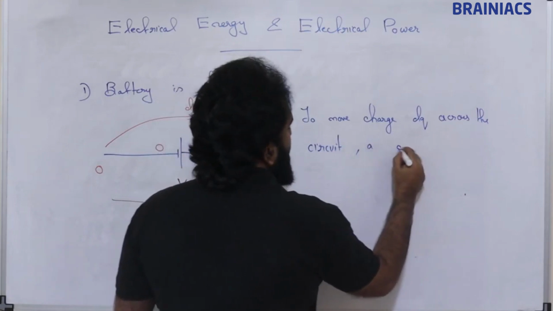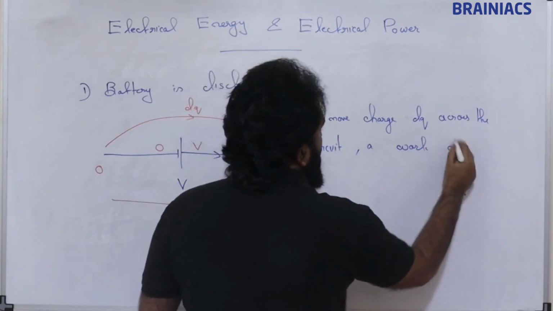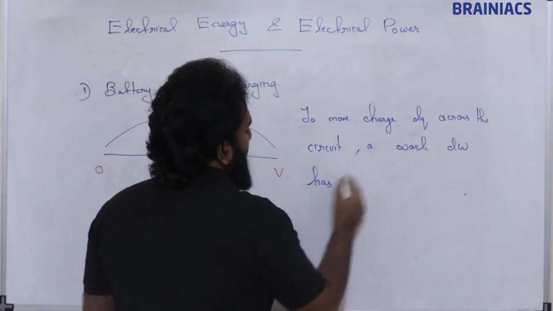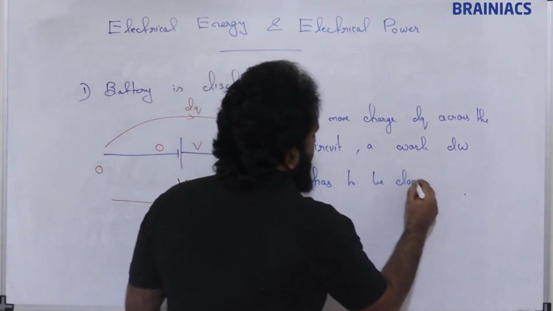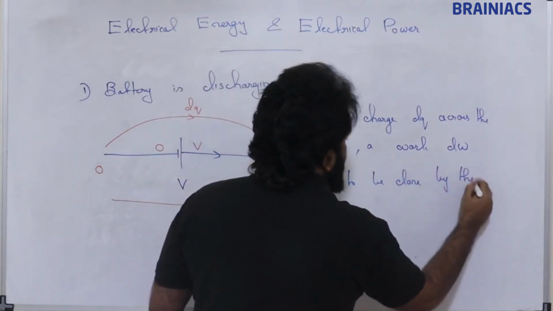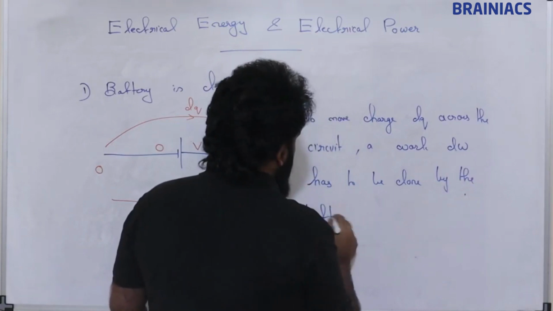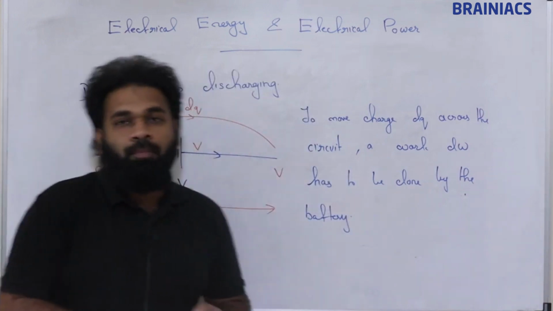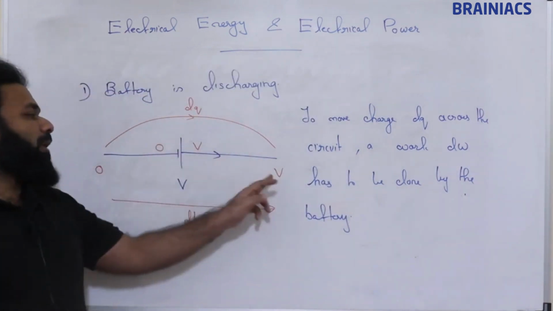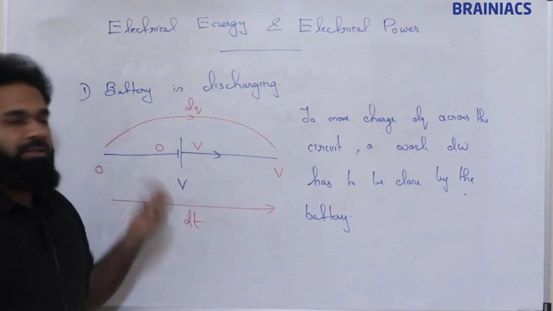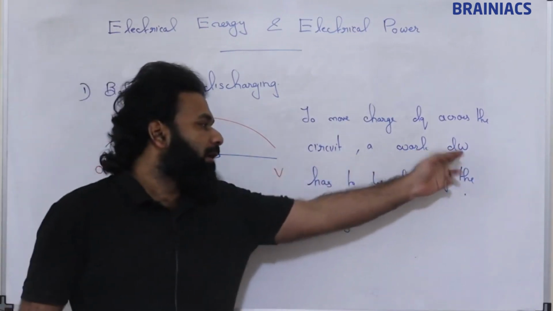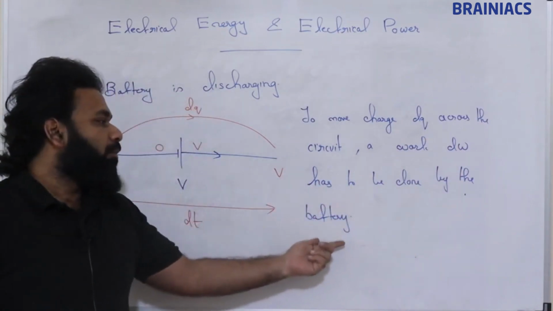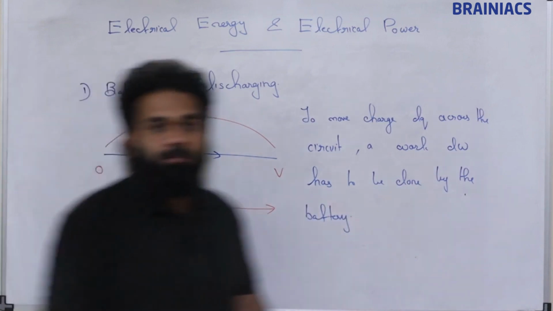A work dW has to be done by the battery. Correct? In order to move a charge dq from this point to another point, just considering 2 points, a work dW will have to be done by the battery. Correct or what?